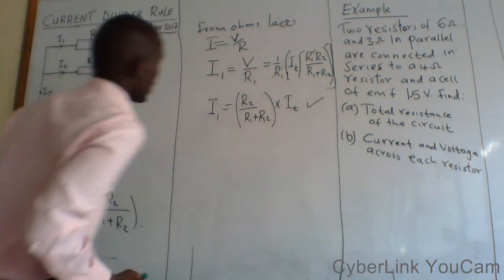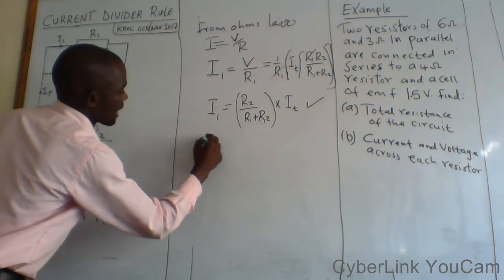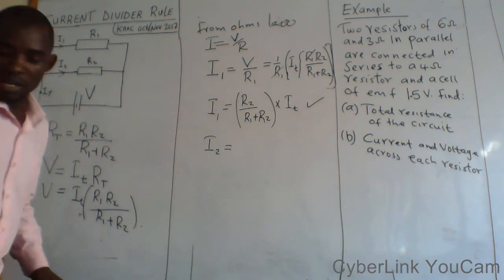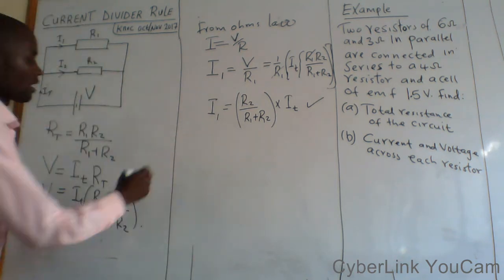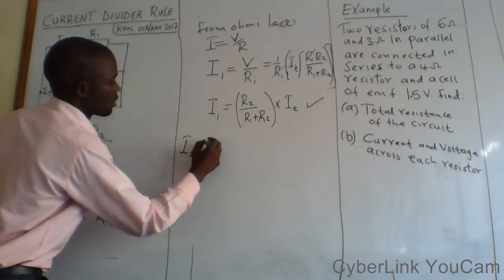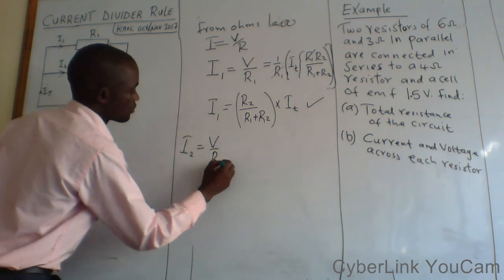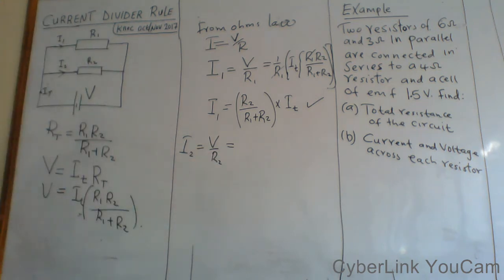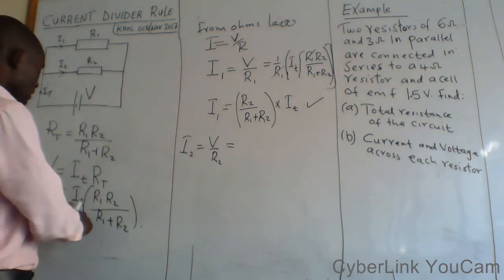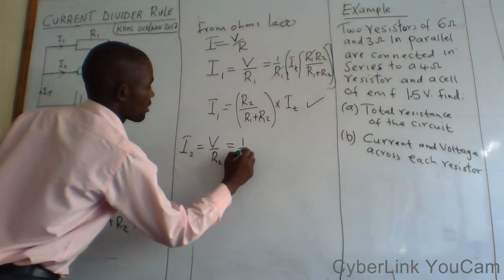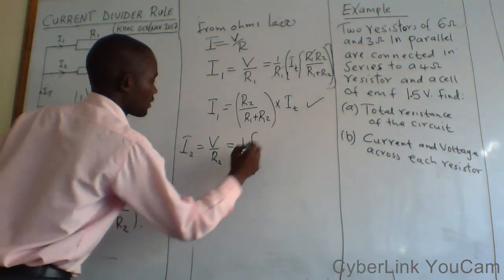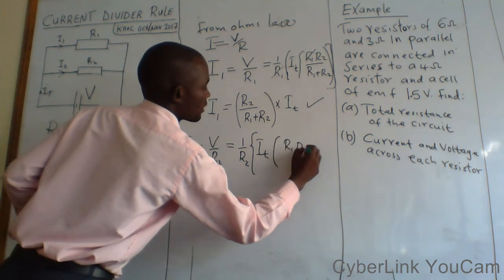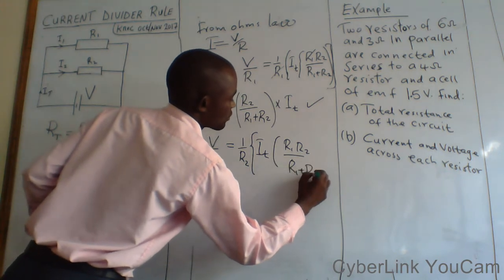We have gotten I1. We will now move to I2. Remember, current I2 is equal to V all over R2. We want to get the current flowing here. So the total voltage in the circuit is this, and it means we will be having 1 over R2 and then IT into brackets R1 R2 all over R1 plus R2.